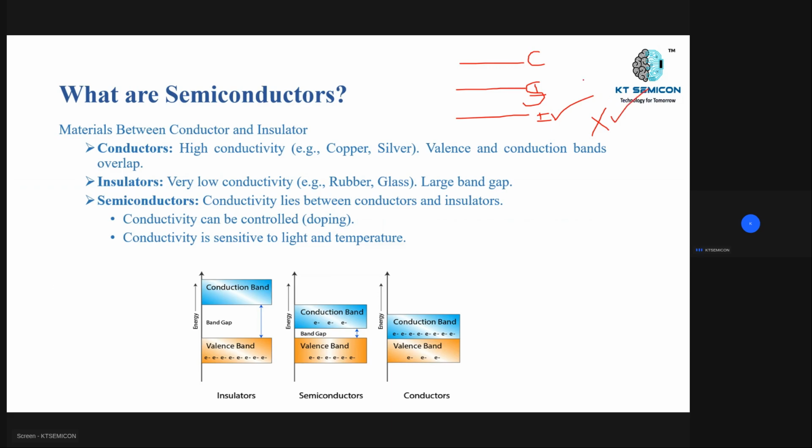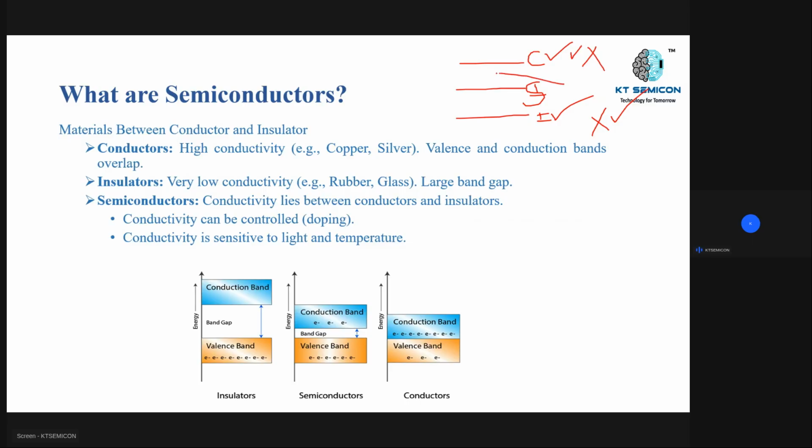As compared to that, conductors will allow conduction even at a very small temperature. We cannot stop the conductivity of electrons.